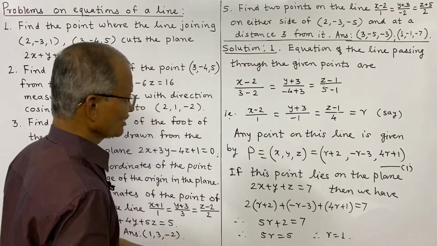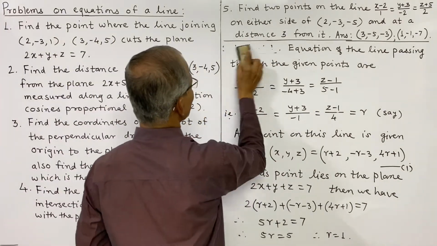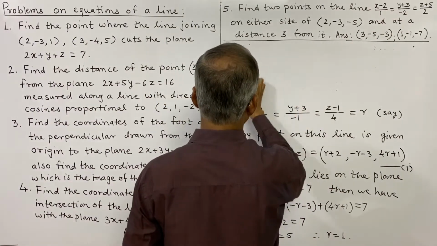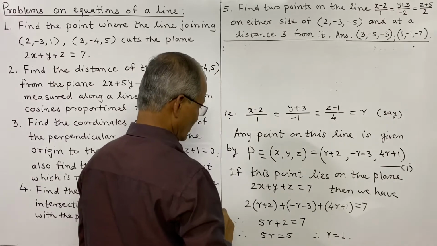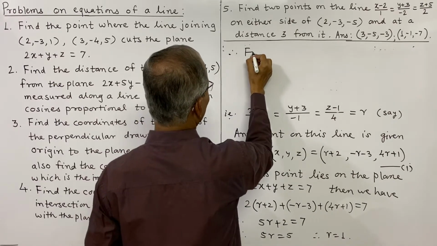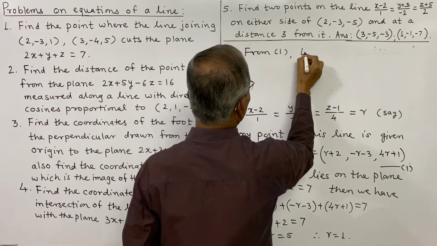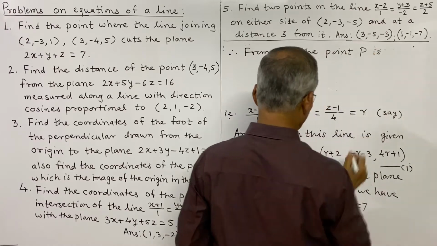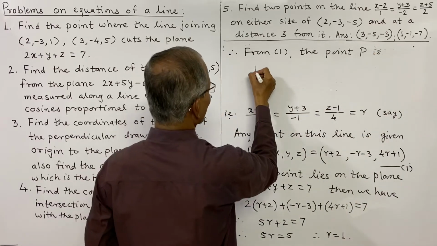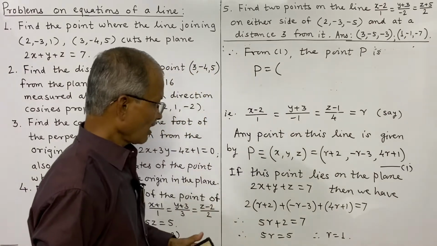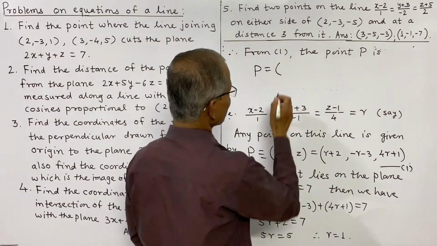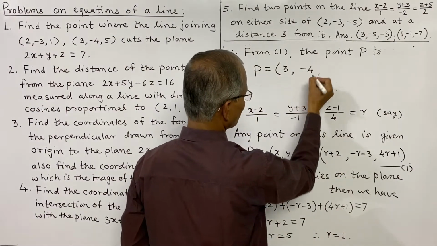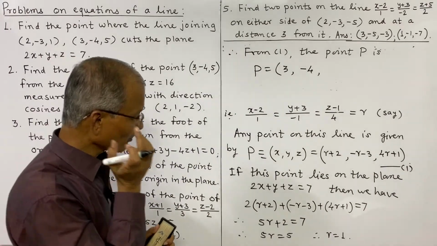Therefore, from 1 the point P is, say r is 1, so 1 plus 2 is 3, and this is minus 1 minus 3, that is minus 4, and last is 4 plus 1, 5.